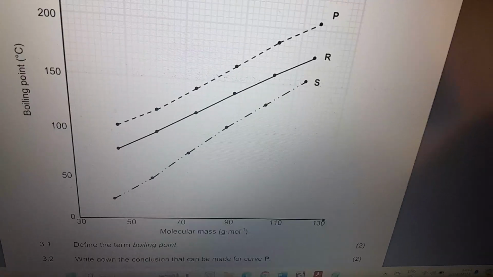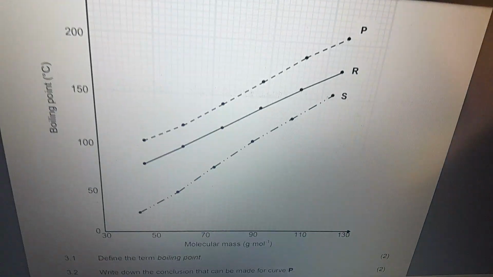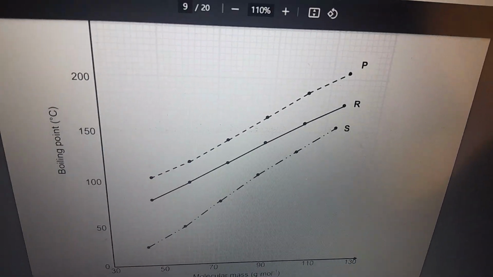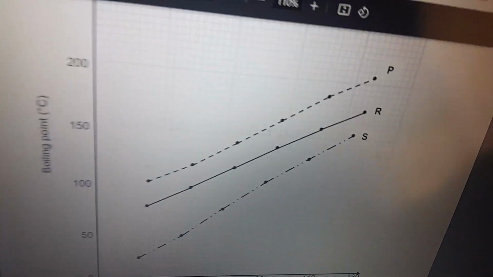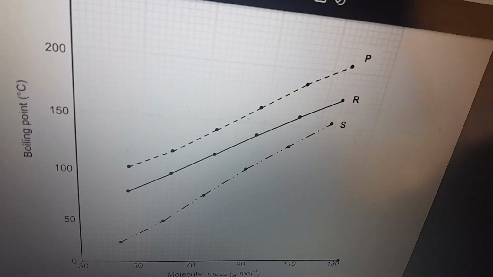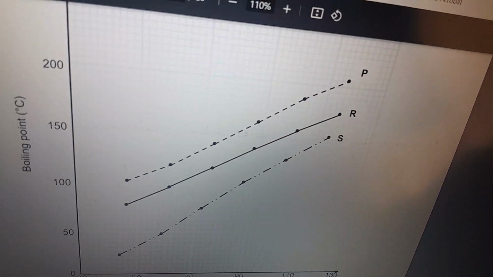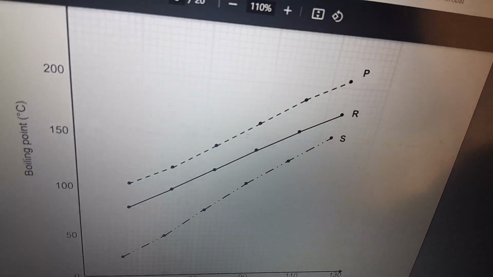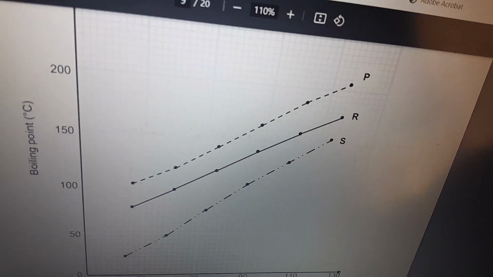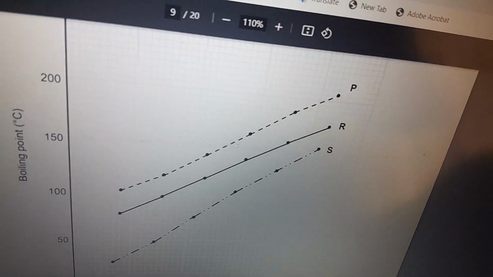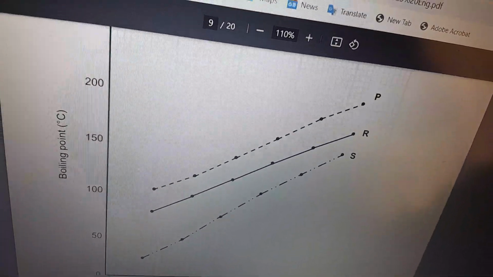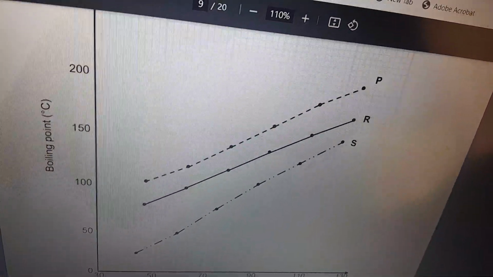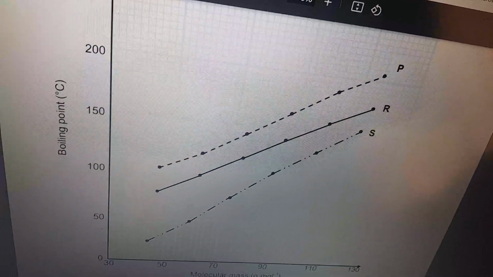So P clearly has the biggest boiling points, followed by R, then S. Remember, a high boiling point is indicative that the substance has stronger intermolecular forces, so the stronger the intermolecular forces, the higher the boiling point.